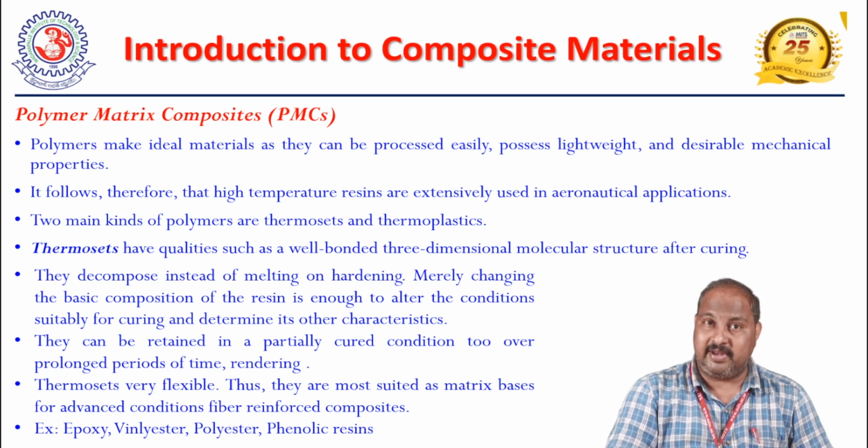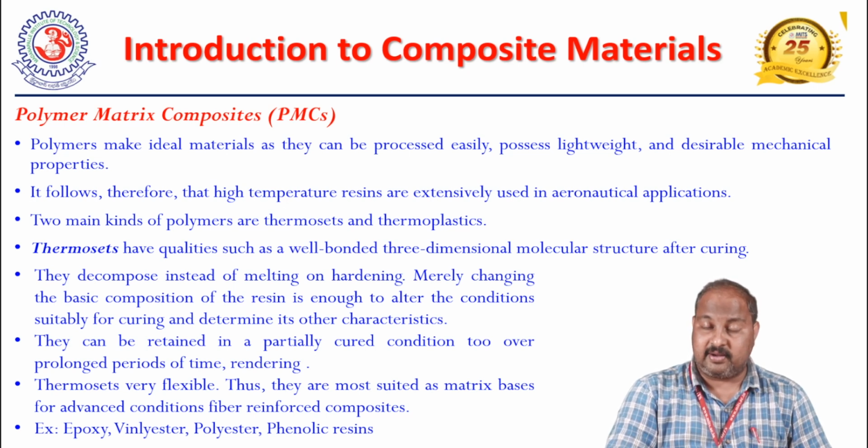Thermosets have very good qualities, such as a well bonded three-dimensional molecular structure after curing. They decompose instead of melting on hardening, and merely changing the basic composition of the resin is enough to alter the conditions suitable for curing and determine its other characteristics. They can be retained in a partially cured condition over a prolonged period of time.